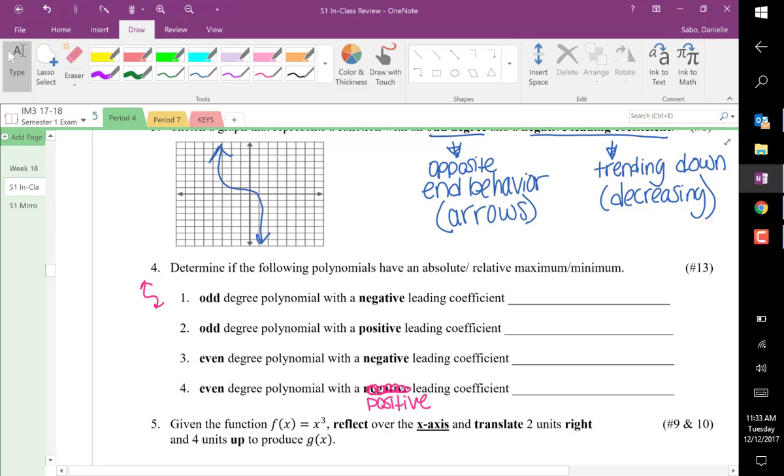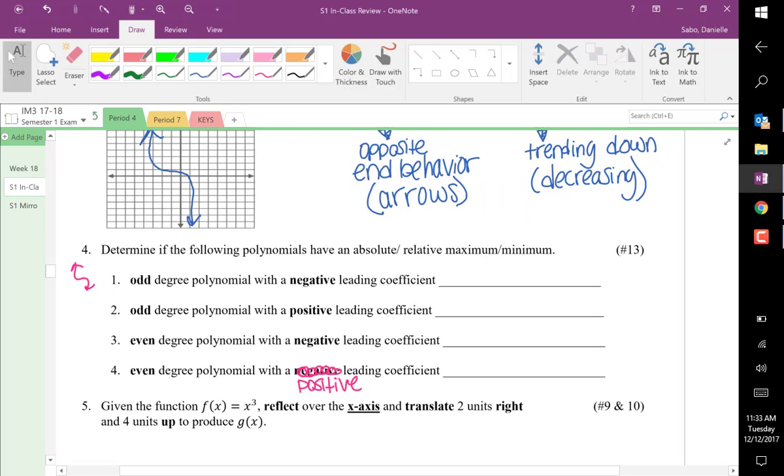Remember what the difference is. All the above would have what? Absolute or relative? Not all of them can have absolute. Does anyone remember which ones can't have absolute values? Odds. Let me explain it. So, take a look.